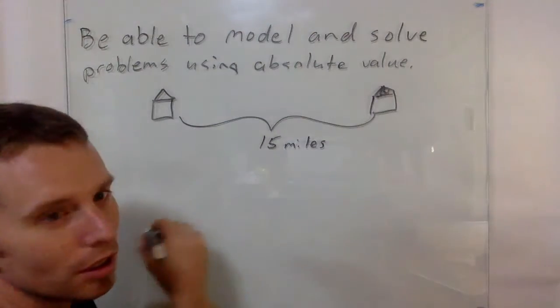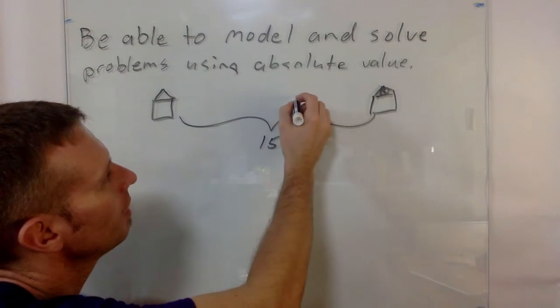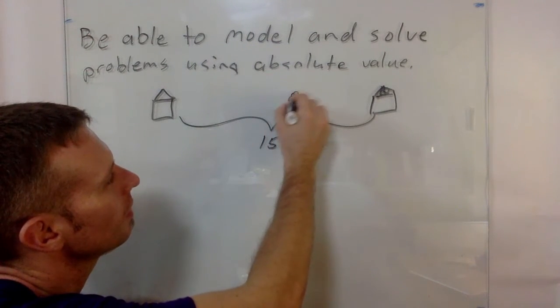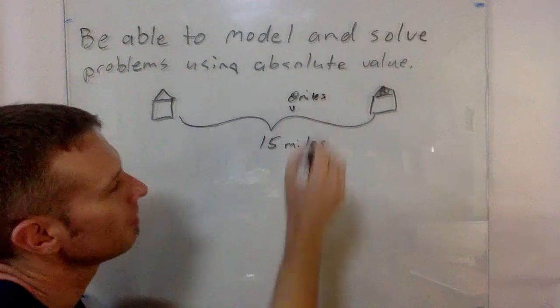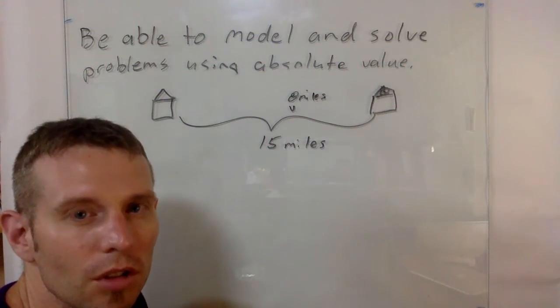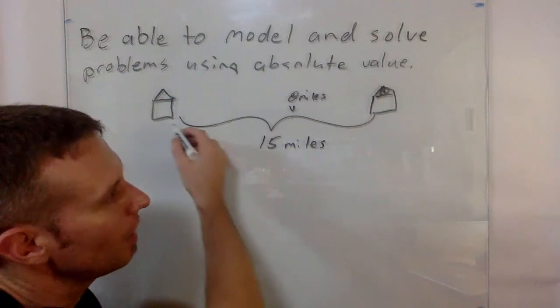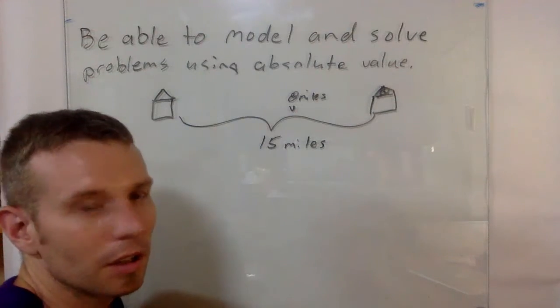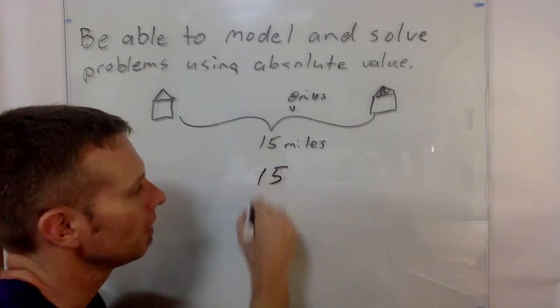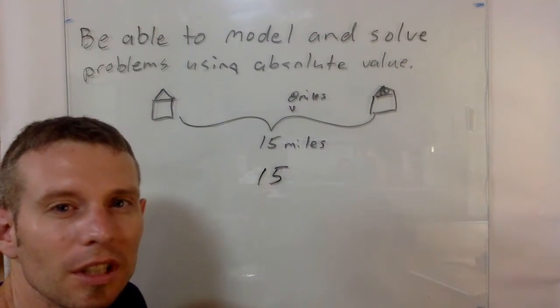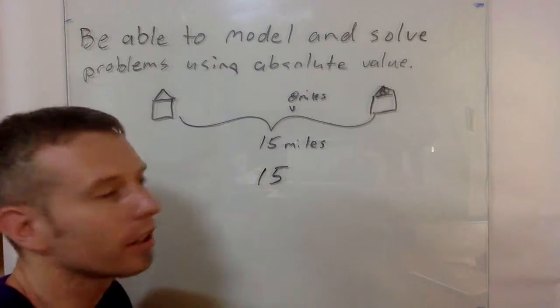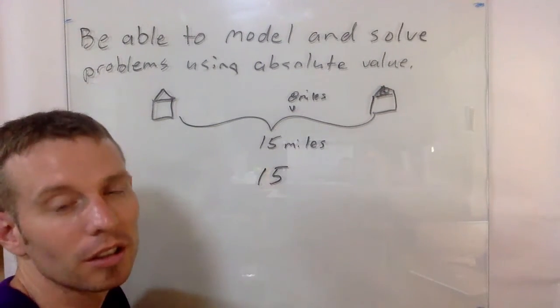So we can model this. Let's see, this is the 8-mile mark, 8 miles, right? So you actually had a distance of 15 miles when you originally went to school, and then you went back. How many did you go back?